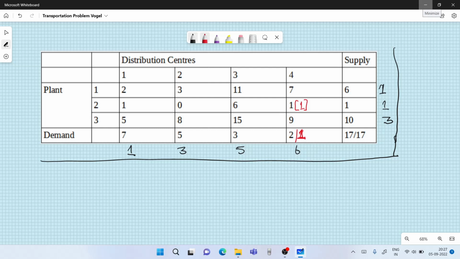But all the supplies of plant number 2 have been exhausted and now this row is out. Now we have to recalculate the penalties. So let's recalculate the penalties now.